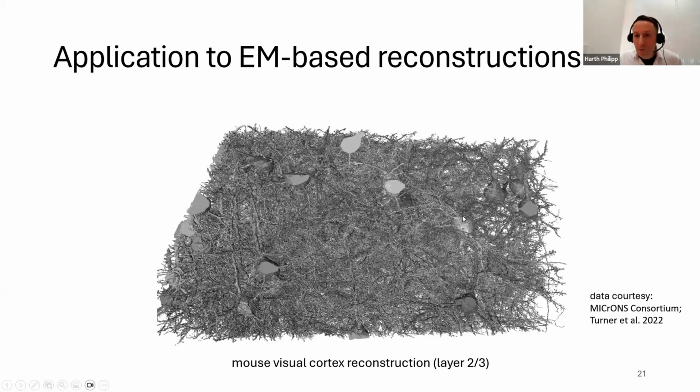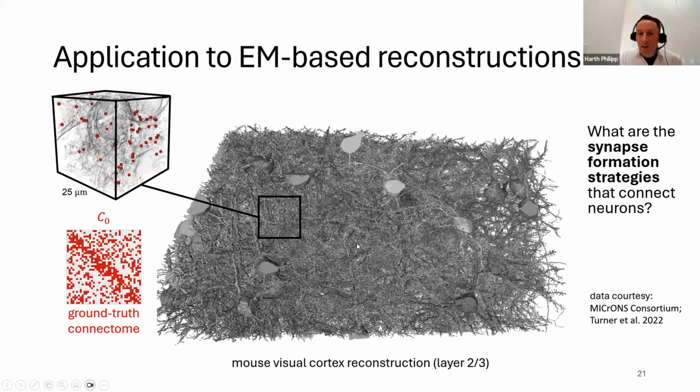We see these cell bodies and then a very complex network of branches from these cell bodies. If we would zoom in, as we did in this initial video illustration, zooming into the human temporal cortex, we would see the ground truth synaptic connectivity. And this is what we need to apply our models and learn about synapse formation strategies.